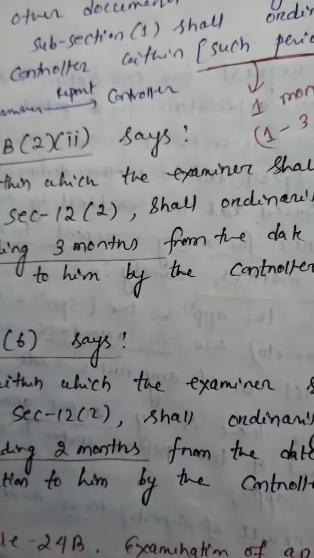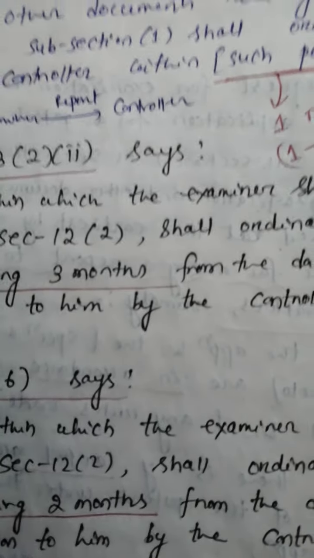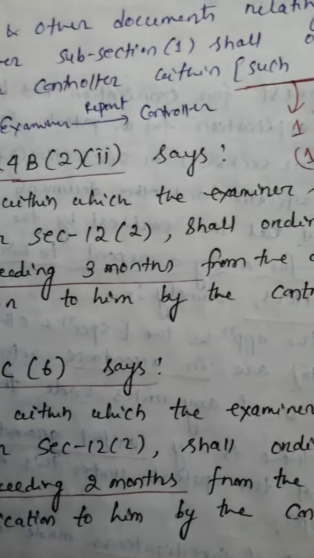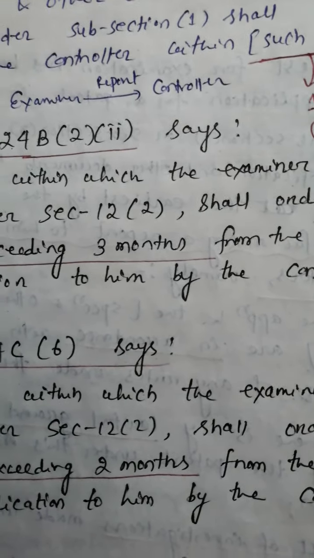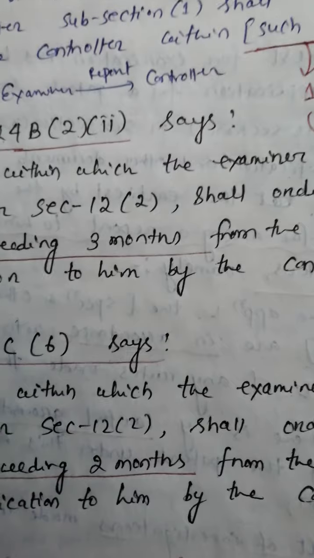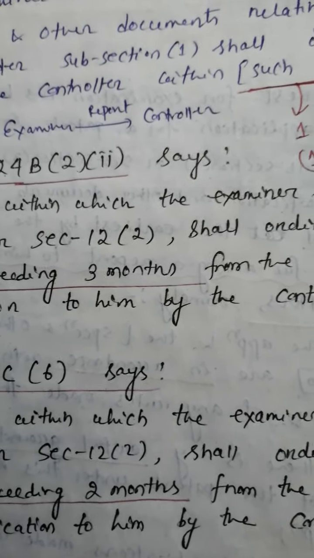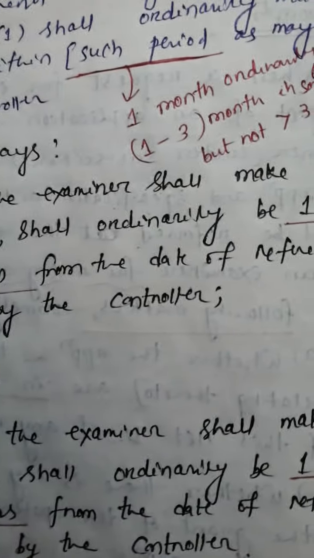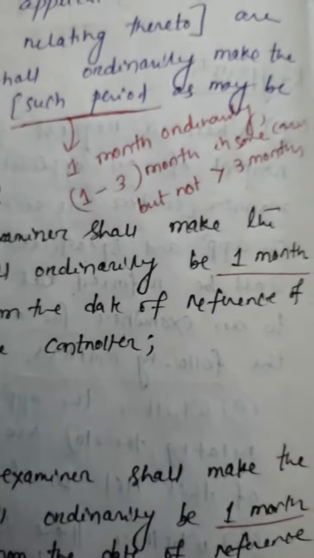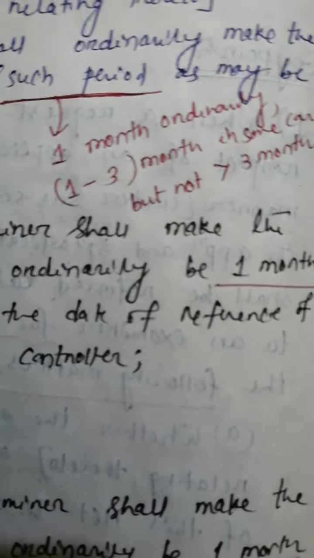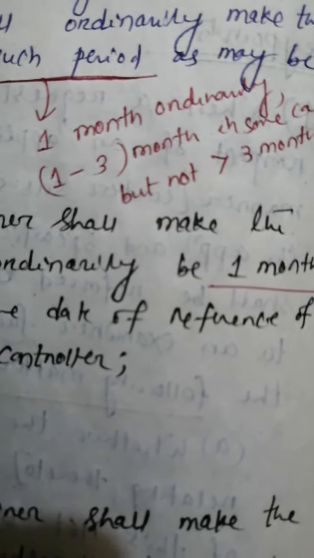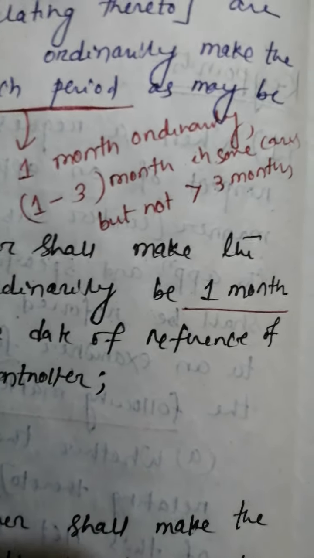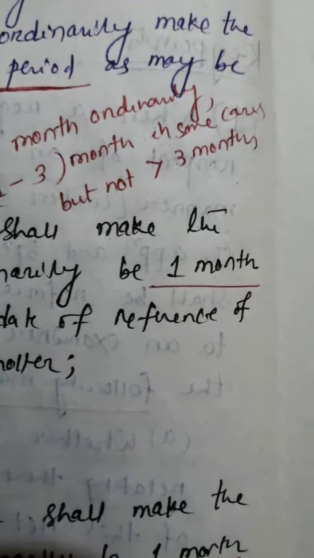That means in subsection 1 the controller referred to the examiner to make a report, and here in subsection 2 the examiner prepares a report and gives it to the controller in the prescribed period, and the prescribed period is actually 1 month ordinarily, and it can take 1 to 3 months also. In some cases 1 to 3 months are possible, but it should not be more than 3 months.